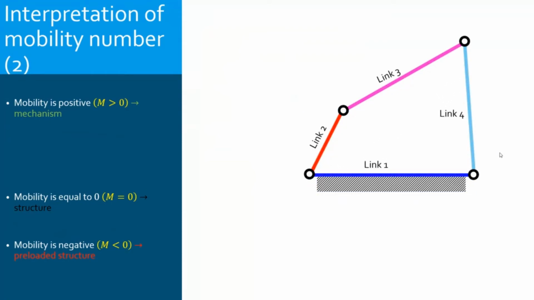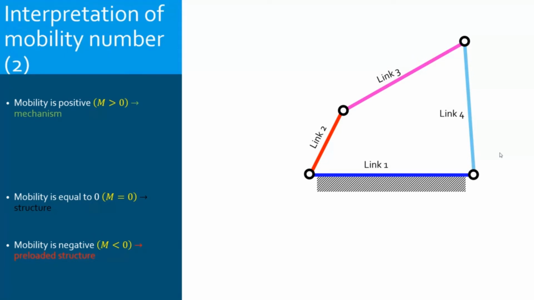So let's go back to this 4-bar mechanism. I have 4 links connected together with 4 pin joints. We have just calculated that the mobility is 1. It means that I need one independent parameter to describe uniquely the position of the link.